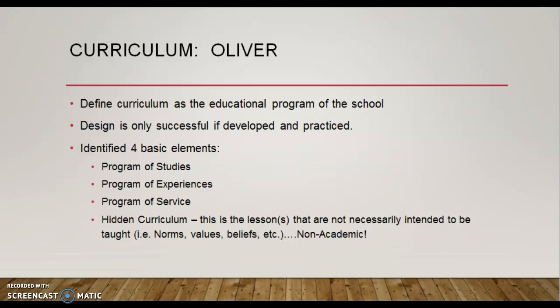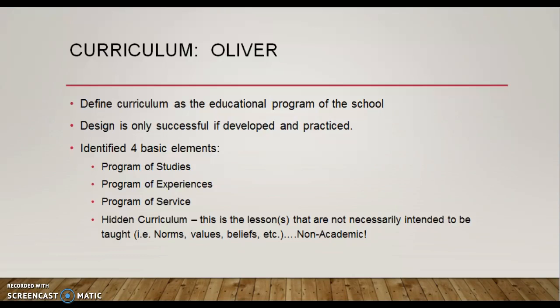Oliver defined curriculum as the educational program of the school. Design is only as successful as the development that goes into it or the practice that goes into it. Oliver identified 4 basic elements in his definition. You have to look at the program of studies, the experiences, and the service, along with what's known as the hidden curriculum.